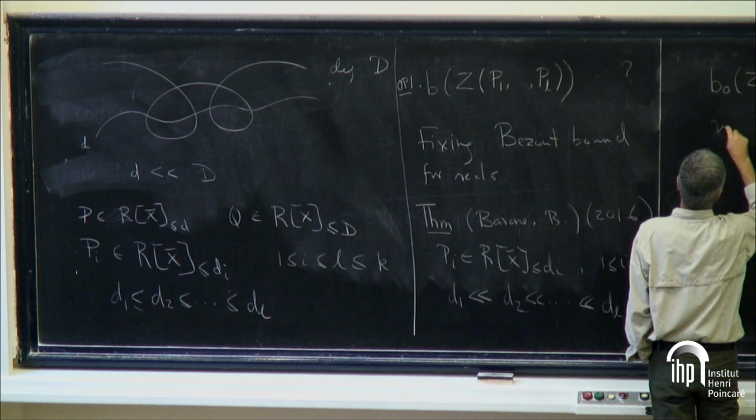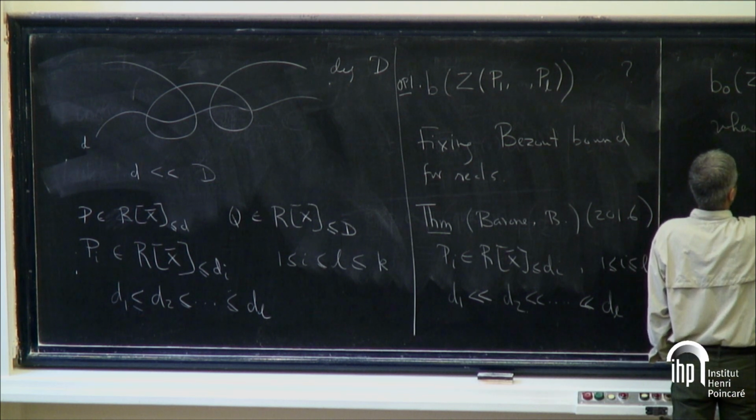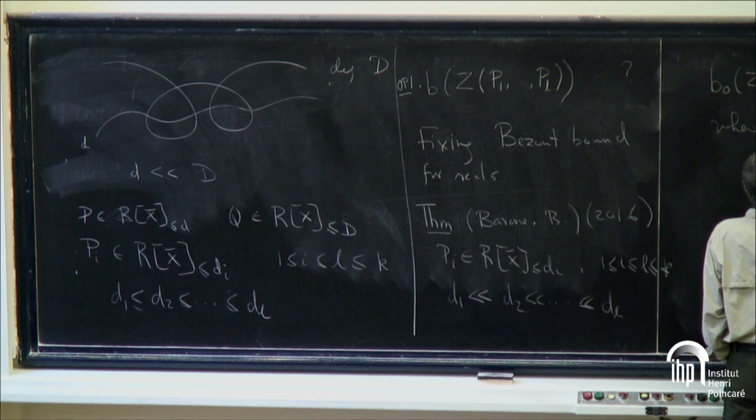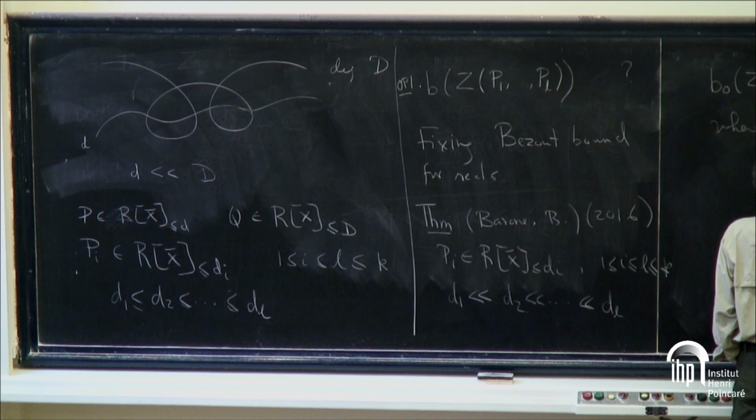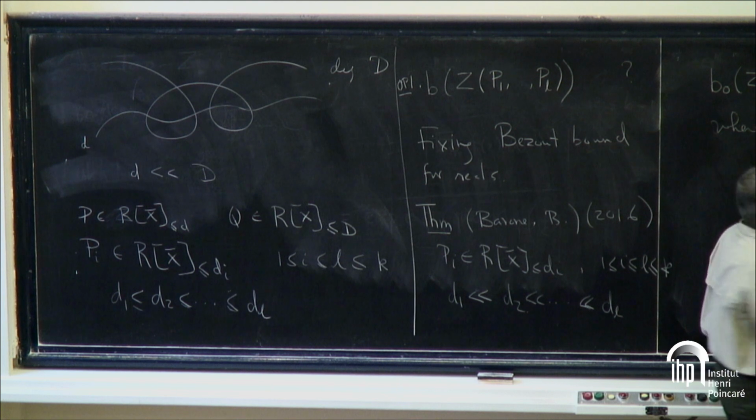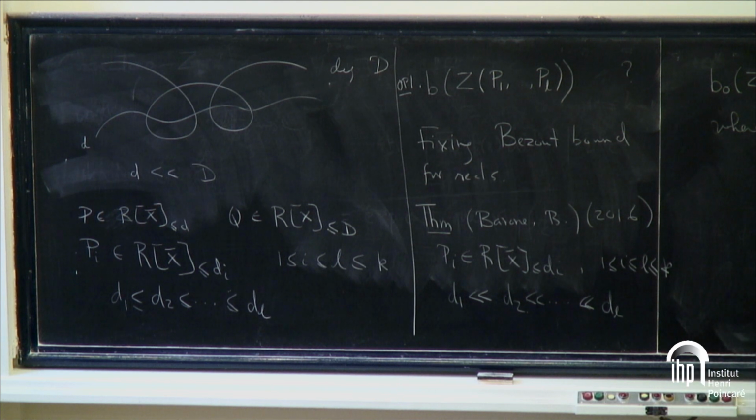Where ki is the real dimension of the variety defined by the first i polynomials. And by the way, there is a constant here, which is of the form c^k, with c a constant.